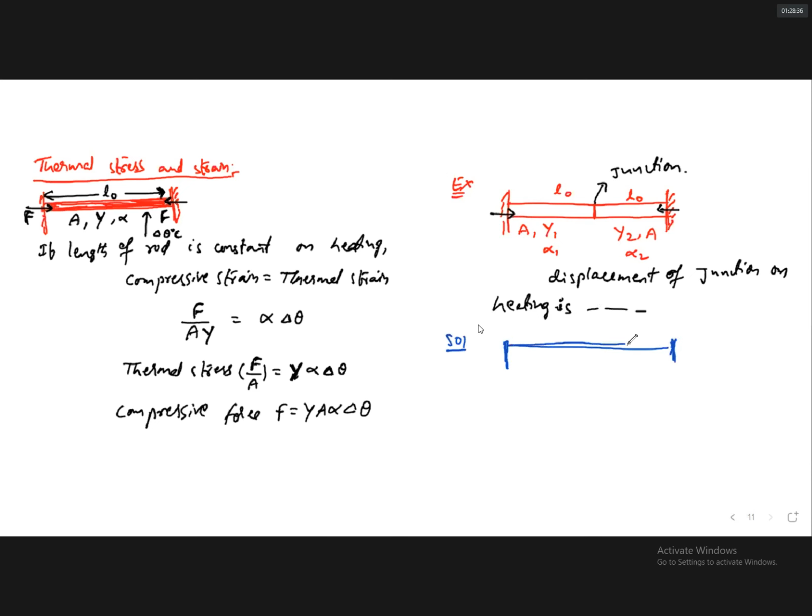One rod expands, and the other is compressed. Initially the junction is here. Now the junction is displaced to some other point, by an amount x. Therefore, this length becomes L0 plus x.